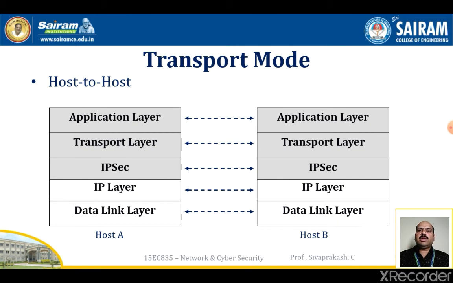Let us see about host to host mode, transport mode. The figure shows connecting a client and a server or two workstations. When a host runs AH or ESP over IPv4, the payload is the data that normally follows the IP header.